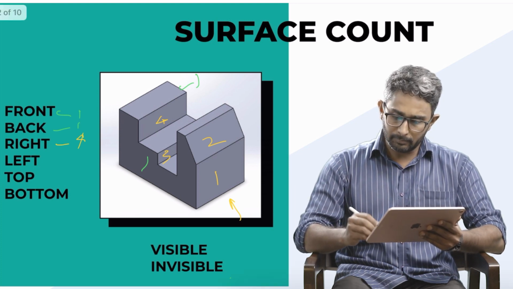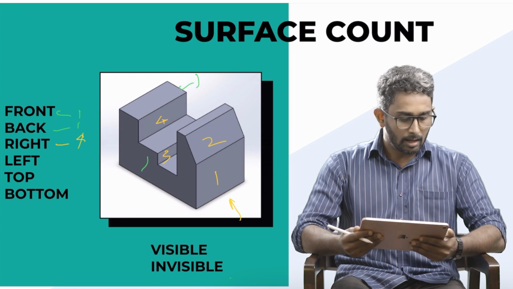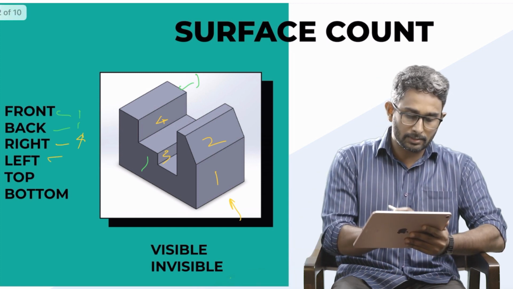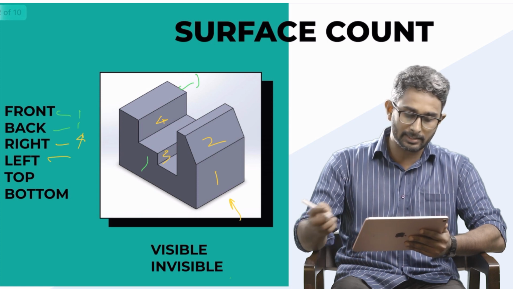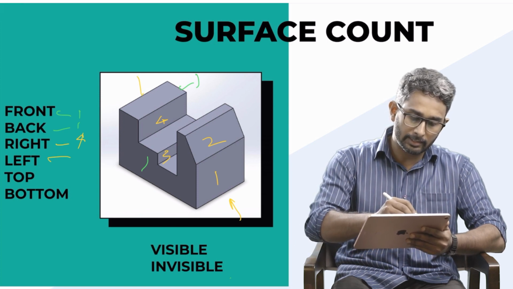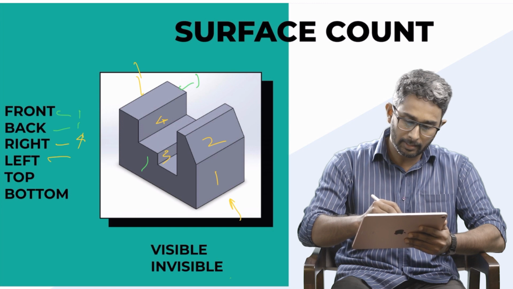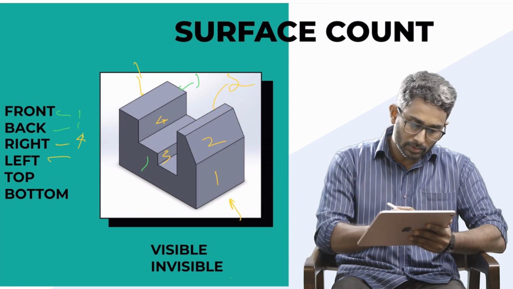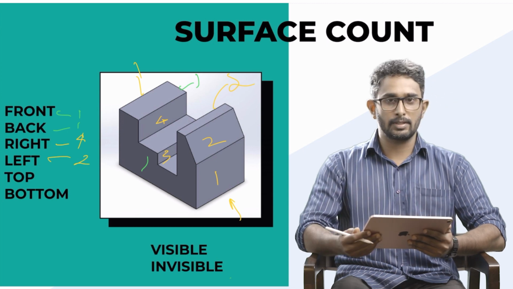Next, after the right side, we have to mark the left side surfaces. How many left side surfaces can we see here? I think there is one over here and another one over here. So I can find 2 surfaces on the left side.